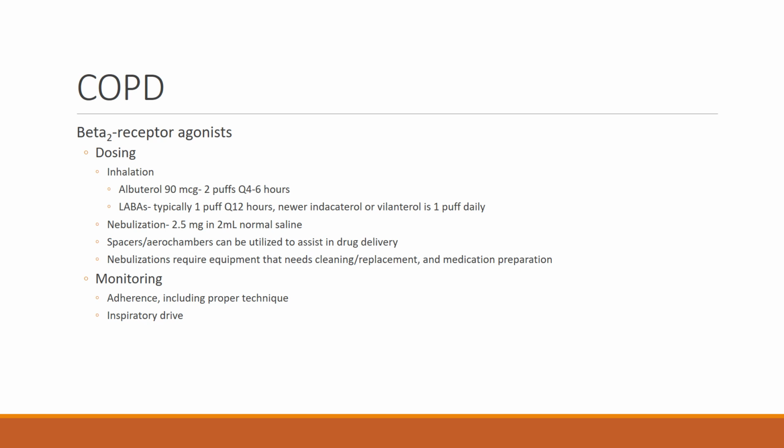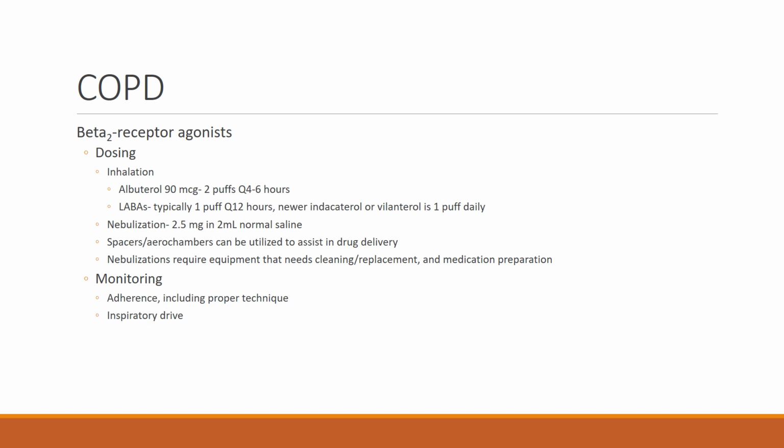Recall from the asthma lecture that the indacaterol or the vilanterol is 1 puff daily. There is a nebulizing solution available. As before, we talked about the spacer and aero chambers, and really preferring to use inhalers if at all possible instead of nebulizing, and that the monitoring is the adherence.